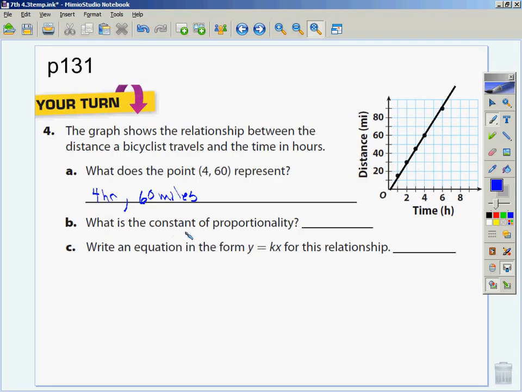Okay. How would I find the constant of proportionality? It's not asking me, is it proportional? They're saying, what is the constant of proportionality? K equals y over x. They told me it was proportional. What can I put in for y and for x? 60 over 4.